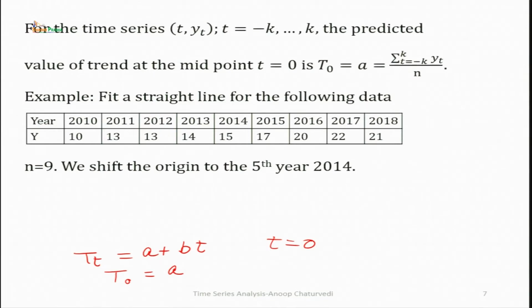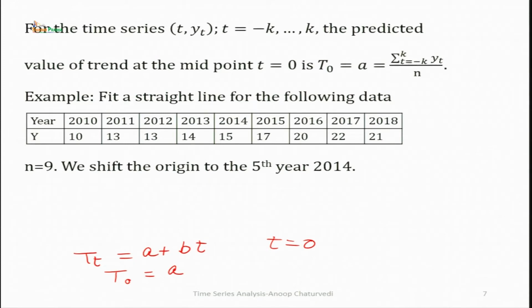If you have an odd number of observations and you transform the time such that the midpoint is now your new origin, then the value of the trend component at the midpoint is simply the arithmetic mean of observations from minus k to k. Let us take a simple example and try to fit a straight line for this data set.